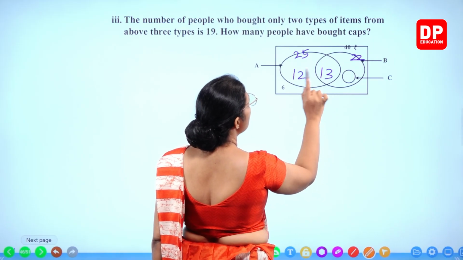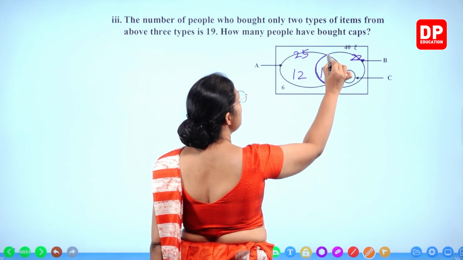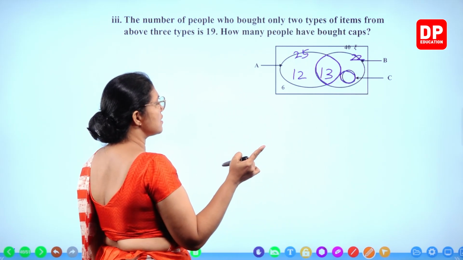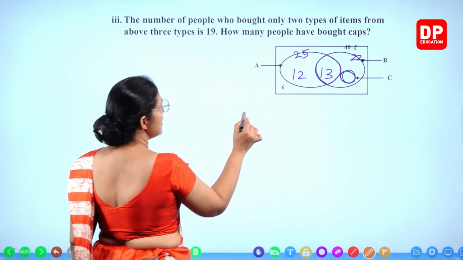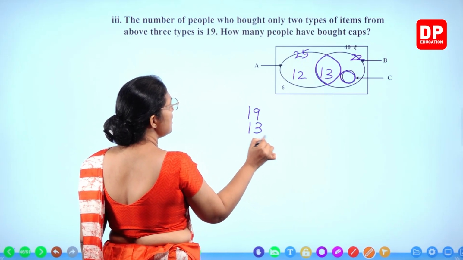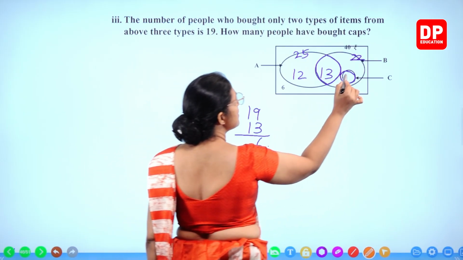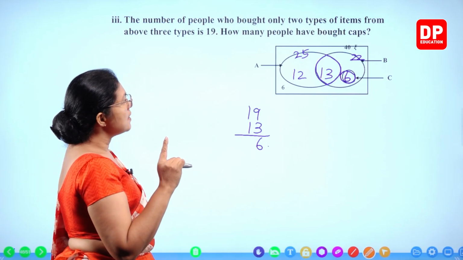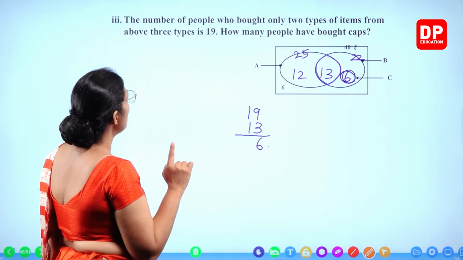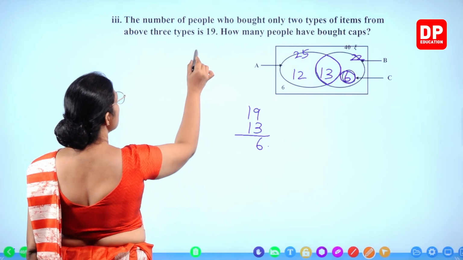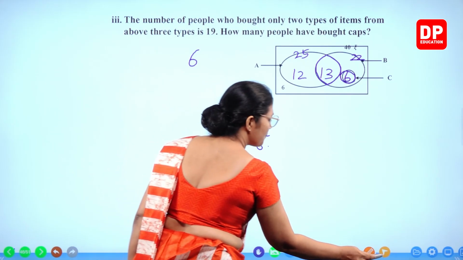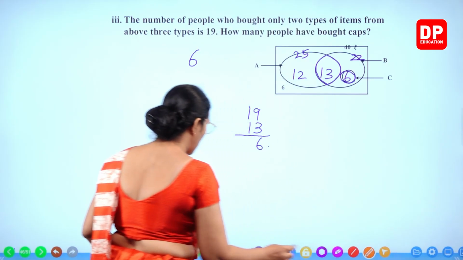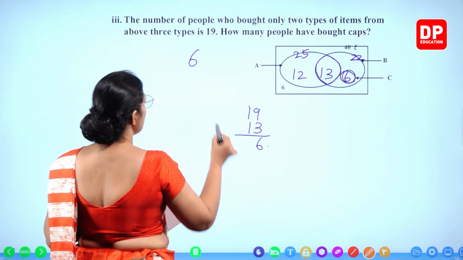This is umbrellas and shirts. This 13 and this part. That's caps and shirts. That's 90. So when you subtract 13 from that, you get this part. So those who bought caps is 6 people. How many people have bought caps? 6. So how many marks for that? That's 2 marks.